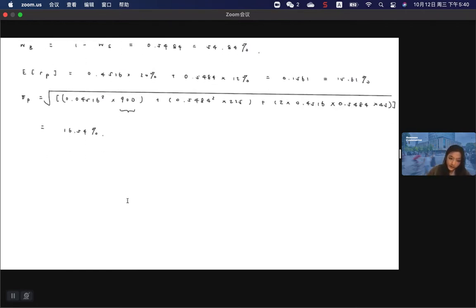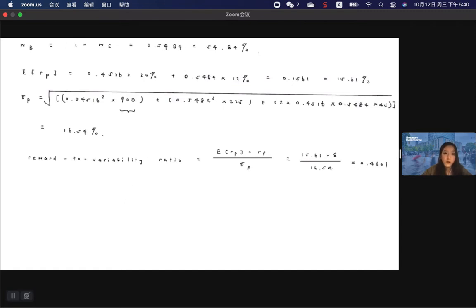Which implies the reward to variability, so the reward to risk ratio. Basically, it's the Sharpe ratio of the optimal risky portfolio, which would equal the expected return minus the risk-free rate over the standard deviation. 15.61 minus 8 over 16.54 equals 0.46.